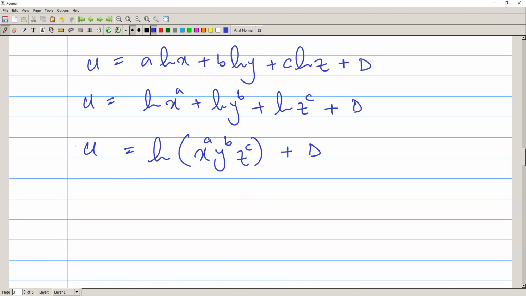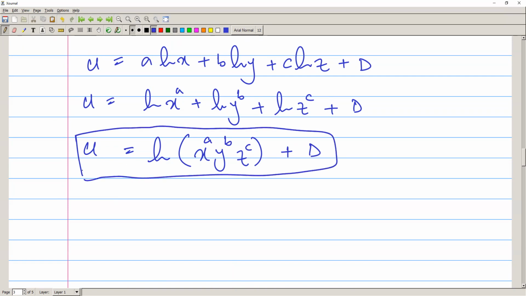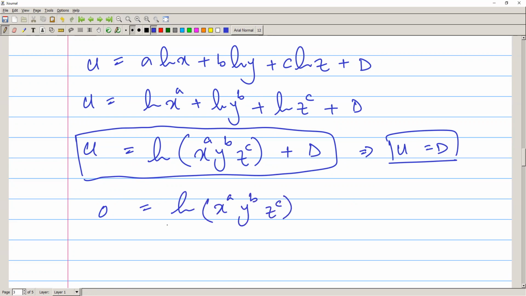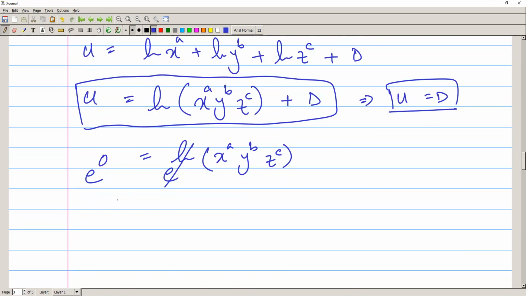So we can just stop here. It's the final solution, or we can just say that this u is equal to d. We can take that also, so we are left with 0 is equal to ln x^a y^b z^c, and when we take e to the power to cancel this log, e to the power 0 is 1.